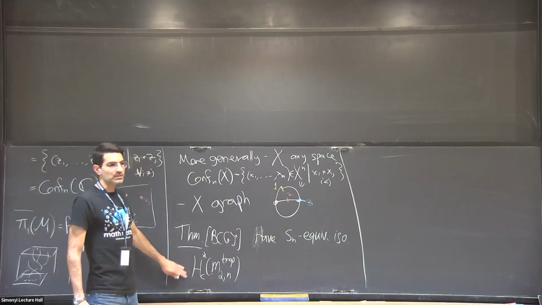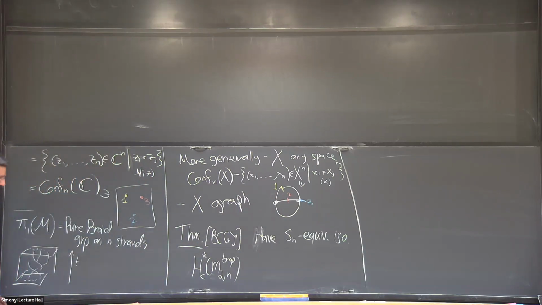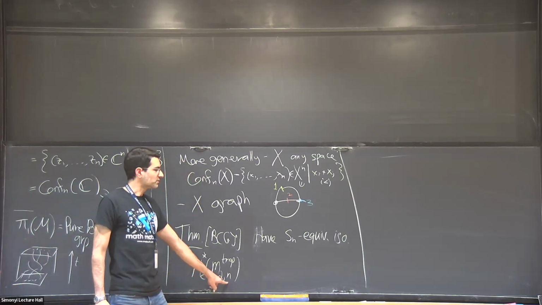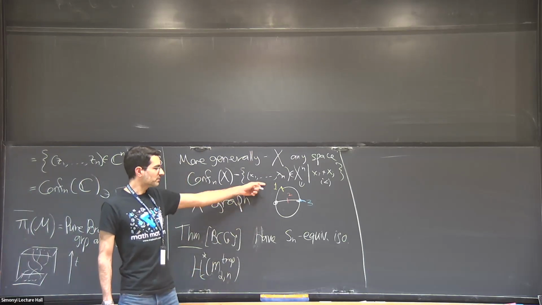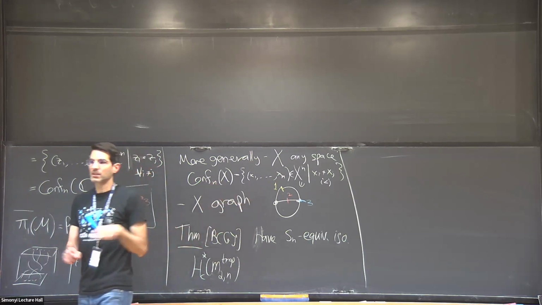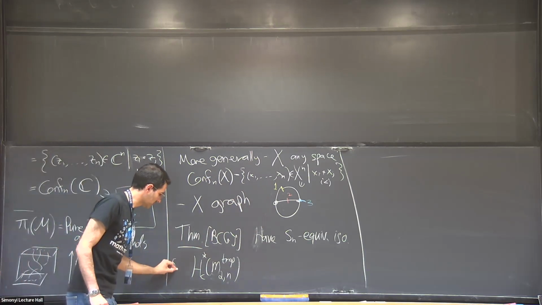But if you take the compact support cohomology, then now it has interesting homotopy type. And you can ask, what is the compact support cohomology of this space? It also has an action of the symmetric group, because these are curves with n marked points. Look at this picture. There's an action of the symmetric group that changes the colors of the points. So this has an S_n action.